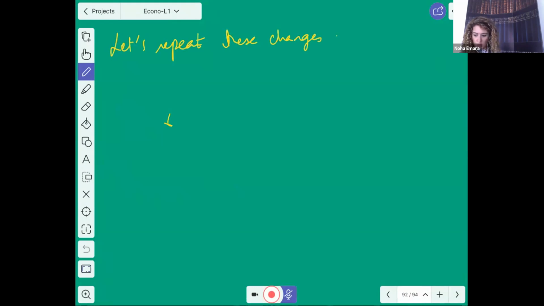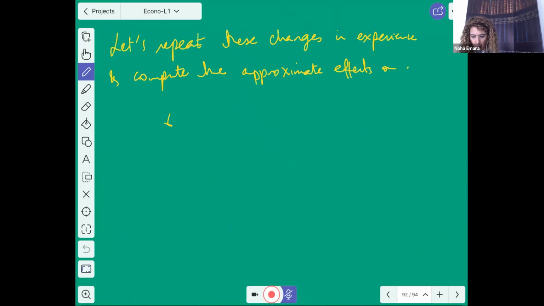Changes in experience, and compute the approximate effect on wages.